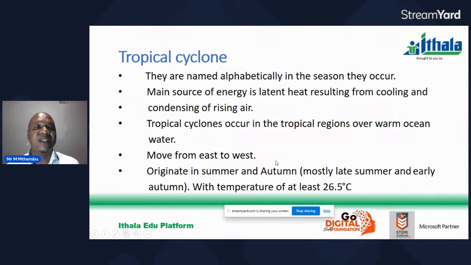Okay. And then again, with tropical cyclones, they are named alphabetically. So it's very important, grade 12, for your exam, you must know that some tropical cyclones are named alphabetically in the season they occur. So you may have Uena, you may have Ubeti, you may have Cecilia, you may have Udeneo, you may have Elizabeth.